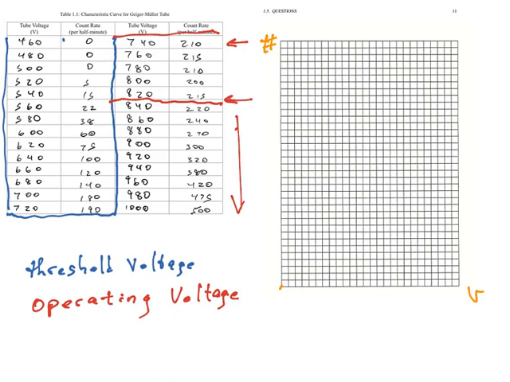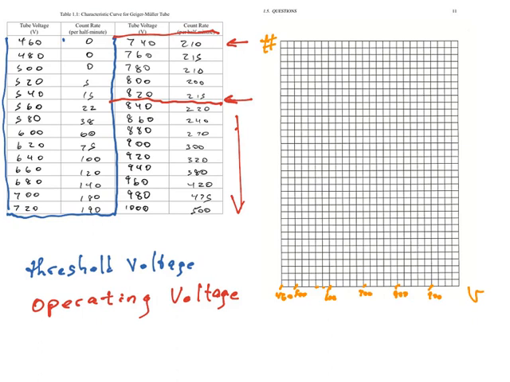So I have, let's start 460, 480, 500, 510, 520, 540, 560, 580, 600, 620, 640, 660, 680, 700, 720, 740, 760, 780, 800, 840, 860, 880, 900, and so on. So those are the voltages, and then the y-axis will be number of counts.